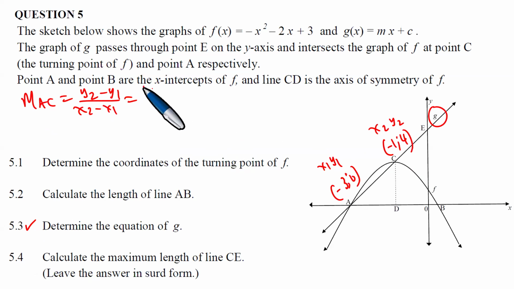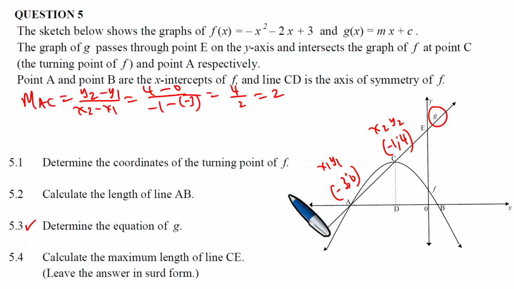Therefore y2 is 4 and y1 is 0, divided by x2, which is -1, minus x1, which is -3. This is 4 over 3 minus 1, which is 2. So you have the slope of AC, which is exactly 2.